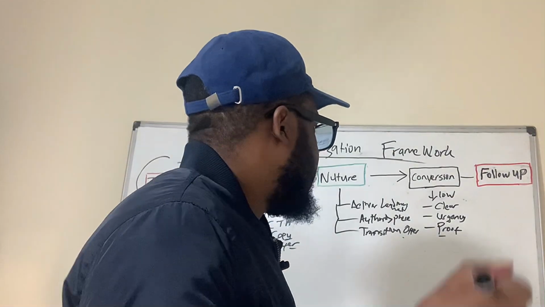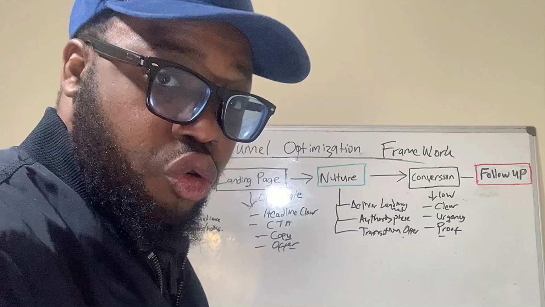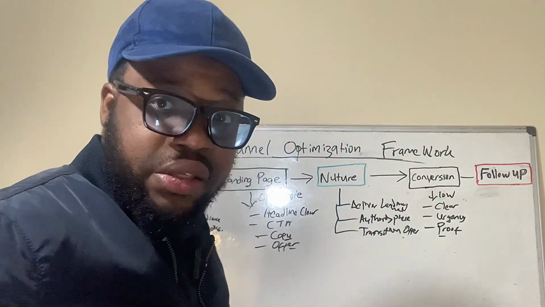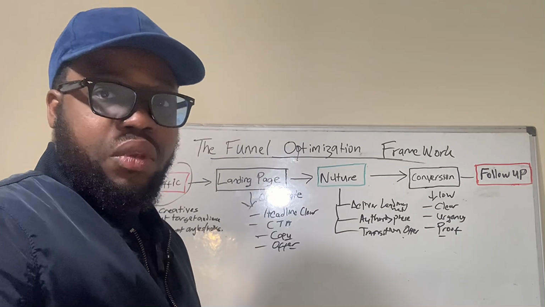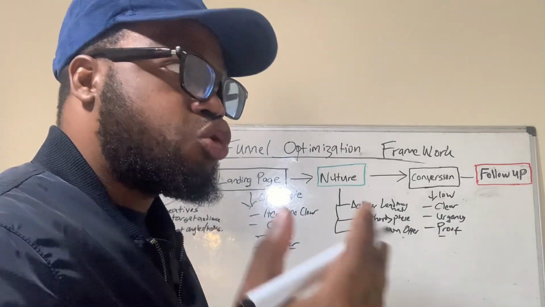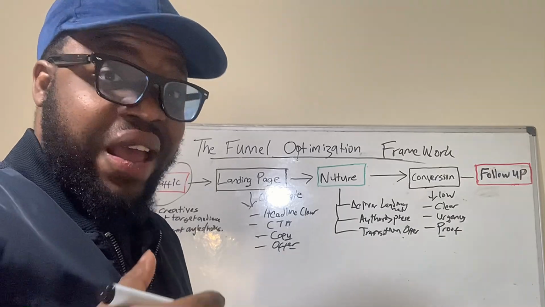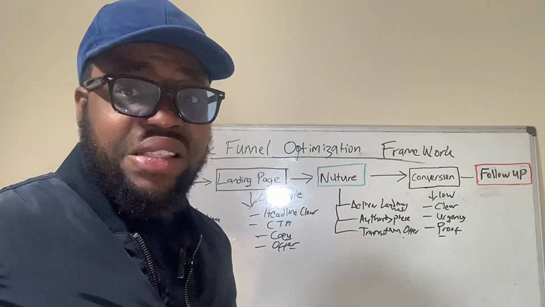So the next thing is follow up. One very important thing that you have to know is that a lot of the sales, 80% of the sales, happen over time. 80% of the sales happen during follow up. Before somebody buys from you, they must have encountered your product, you as a person, like 7 times.